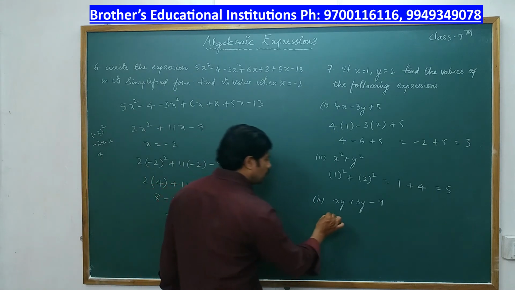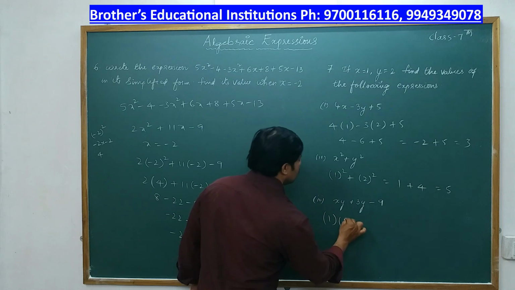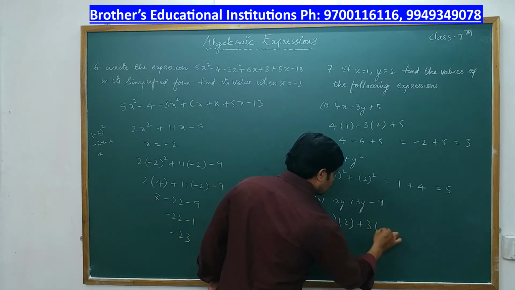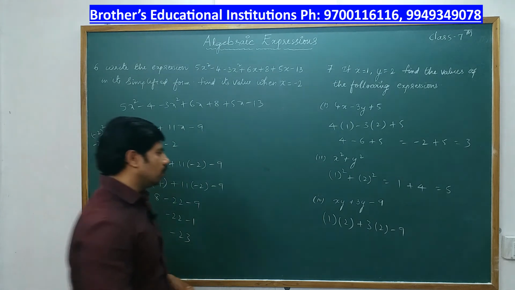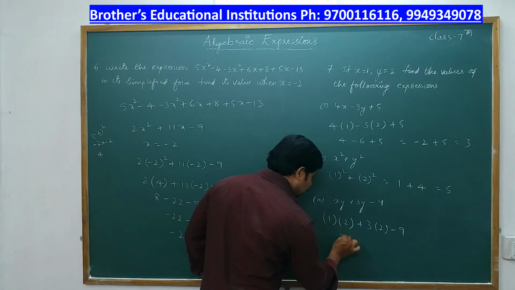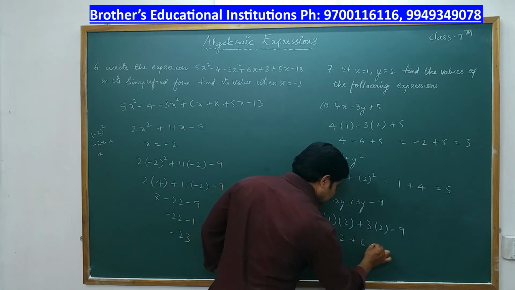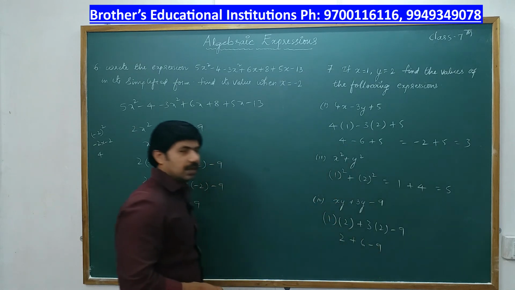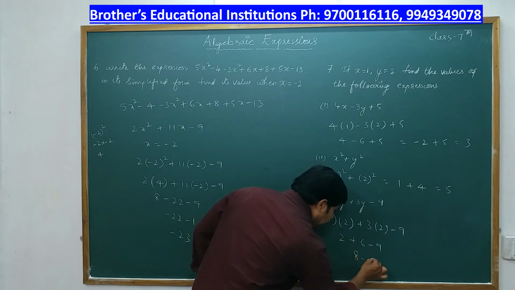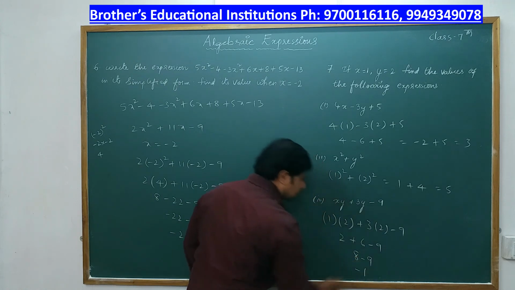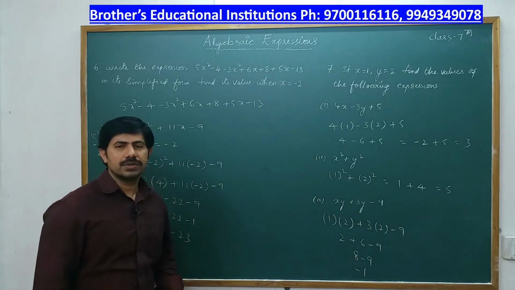So x value is 1, y value is 2. Then 9 as it is. Now we'll simplify this. 1 2s are 2, 3 2s are 6, minus 9. 2 plus 6 is 8. 8 minus 9 is minus 1. So this is completed.